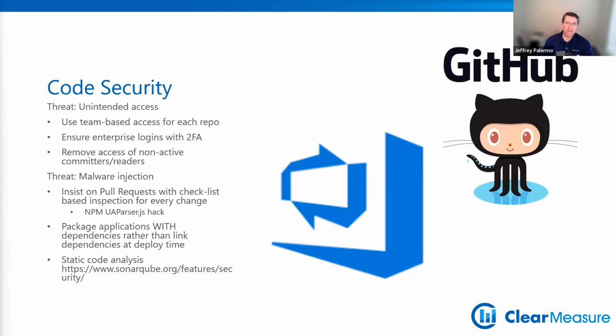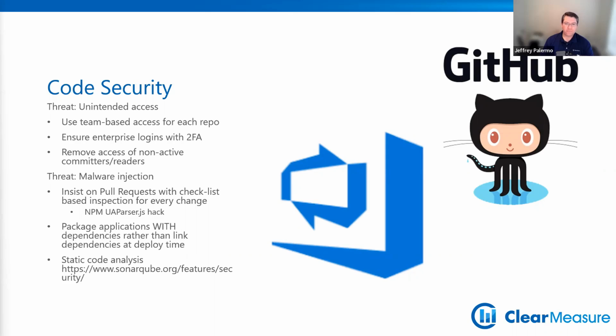account that has access. The first recommendation is to use team-based access for each repository. Don't grant access to individuals, because then when that individual leaves the team or changes roles and you need to remove them, now it's up to separate record keeping for what team they were on and what Git repositories they now don't need access to.